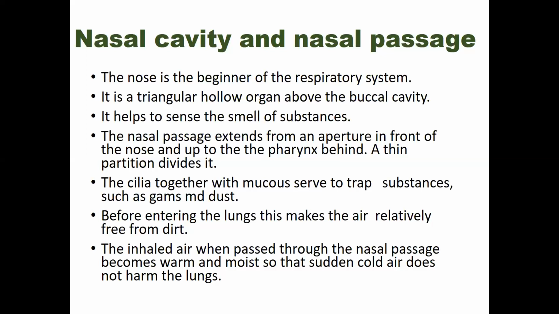Not only the cilia, there are some hairs also present at the very beginning of our nasal passage. They act like filters. The cilia together with mucus within the nasal passage serve to trap foreign substances like dust particles and germs. So these things act like traps.